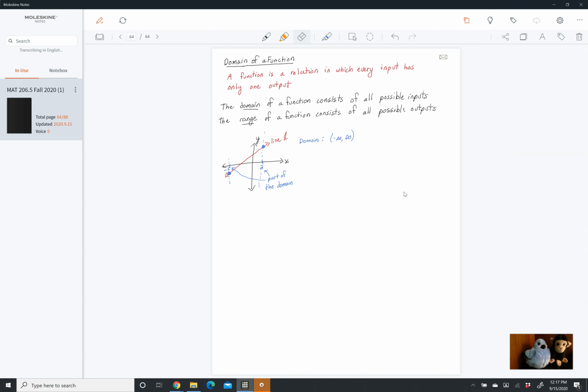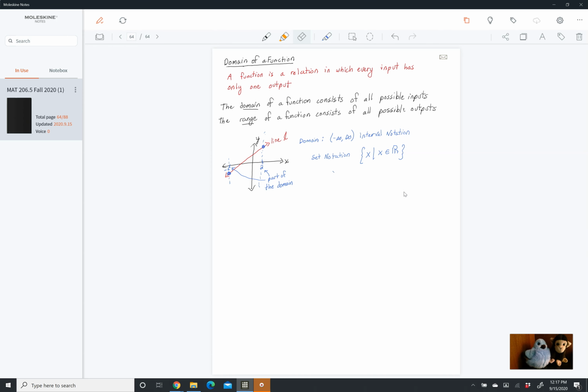In set notation, the way that we would write it is x such that x is an element of all real numbers. So all real numbers is all numbers.